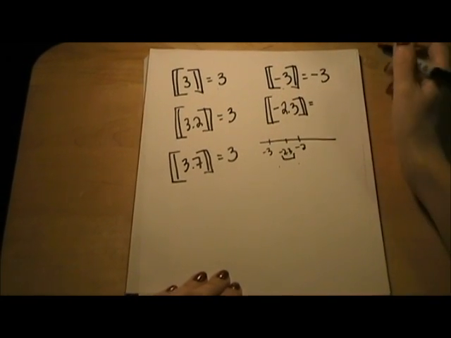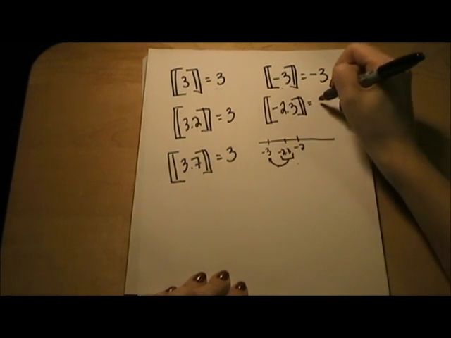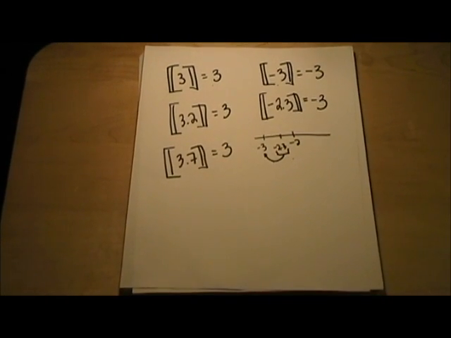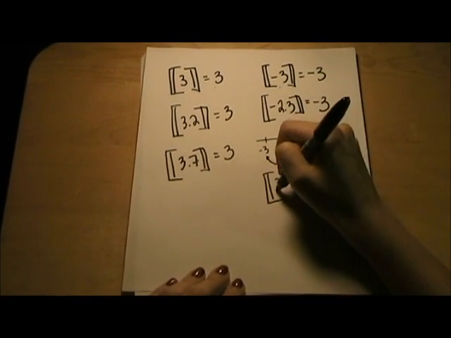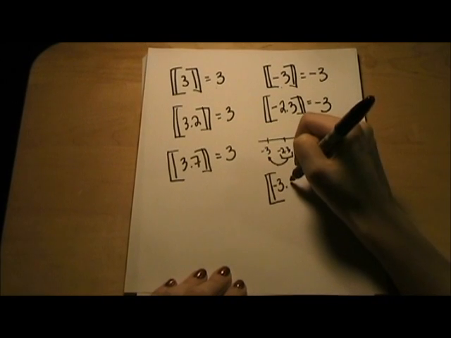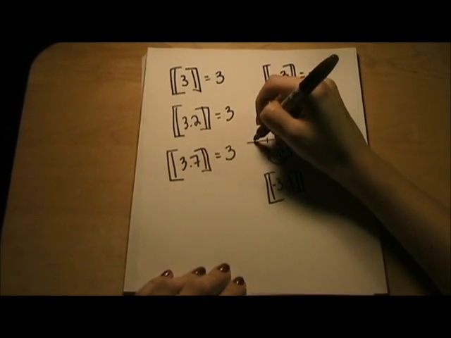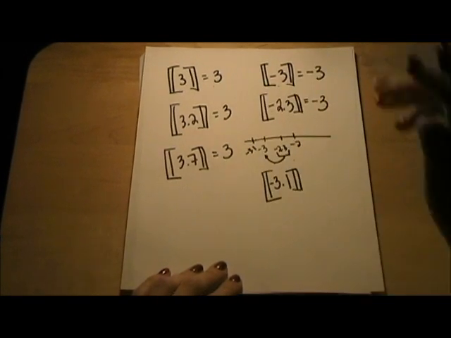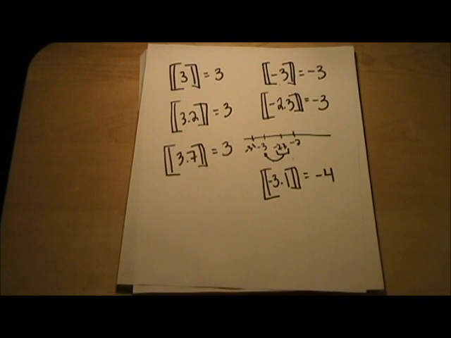If we're here and we want the integer less than this, -3 is actually smaller. If I gave you -3.1, -3.1 is here, so -4 is the integer that is less than or equal.